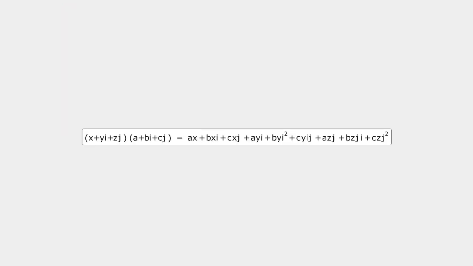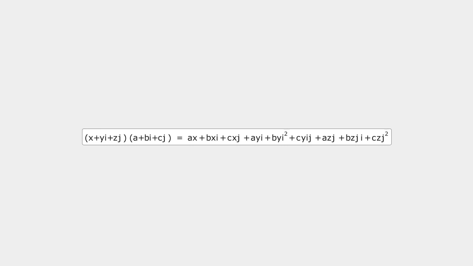Let's go back to the matrix equation Rf equals Fr and put the ring elements into the form a plus bi plus cj. The unknown elements of R would have the form x plus yi plus zj, where x, y and z are unknown commutative ring elements.